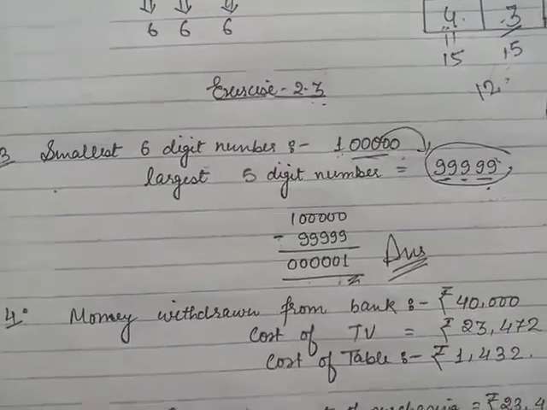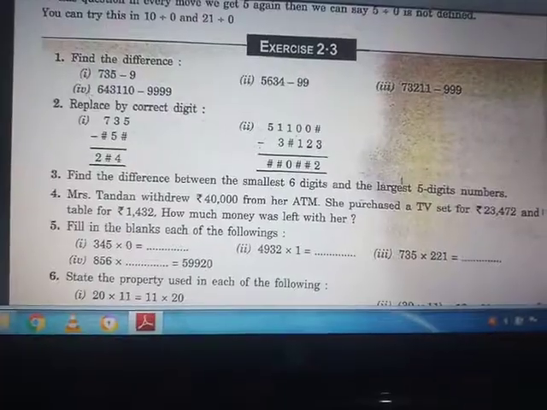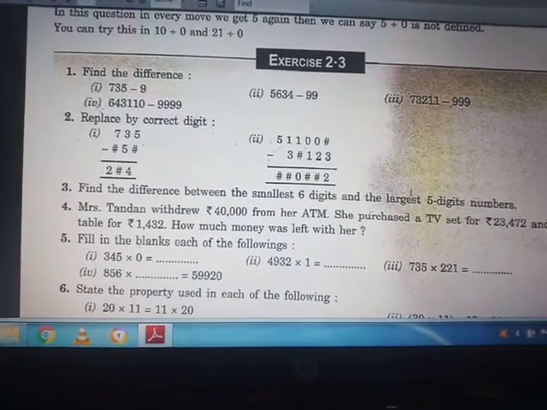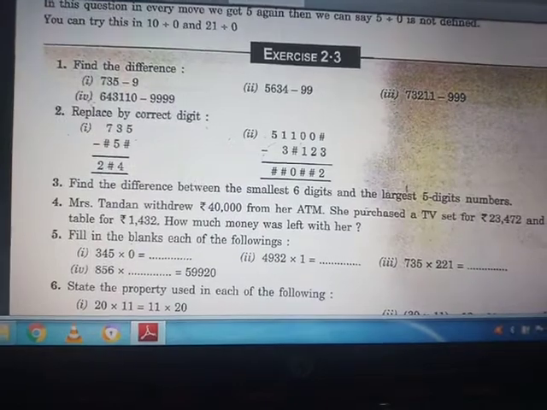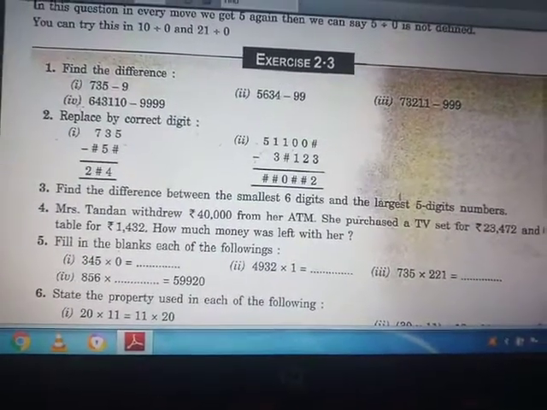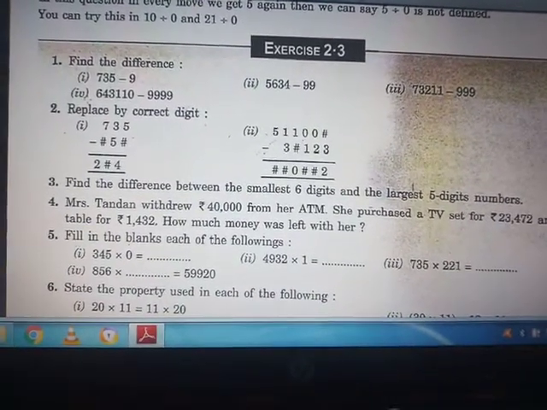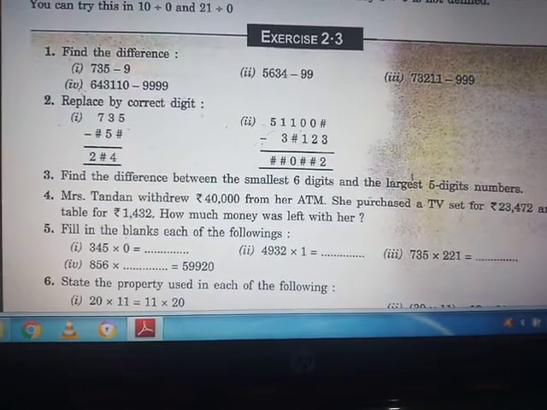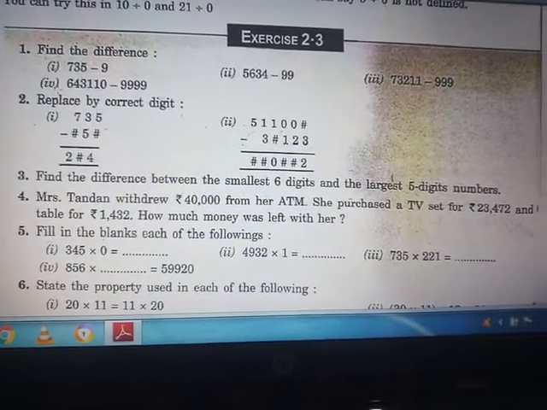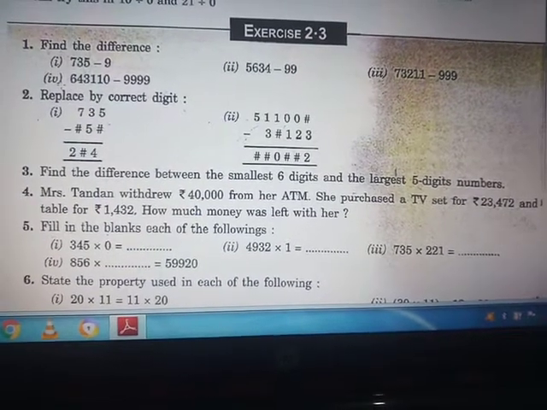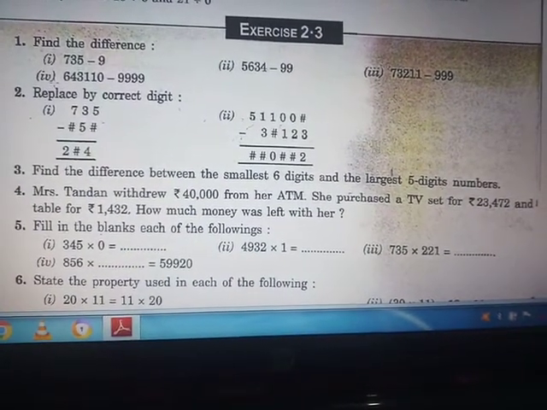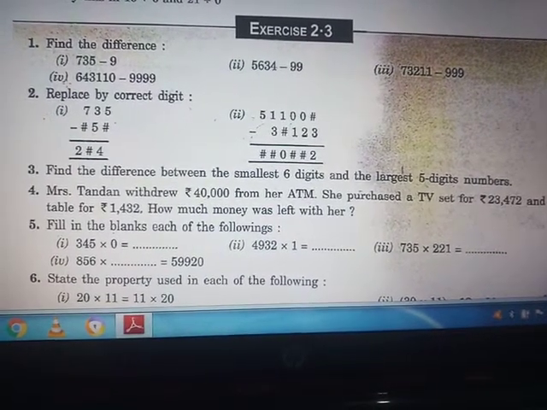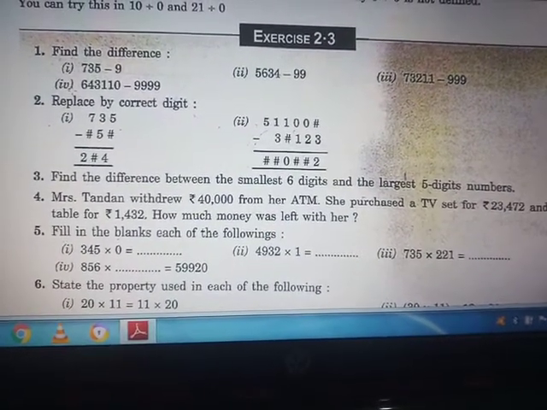Now we will move to question number 4. Here is your question number 4: Mrs. Tandon withdrew rupees 40,000 from her ATM. In this question it is saying that Mrs. Tandon withdrew 40,000 rupees from the ATM. She purchased a TV set for rupees 23,472 and a table for 1,432 rupees.